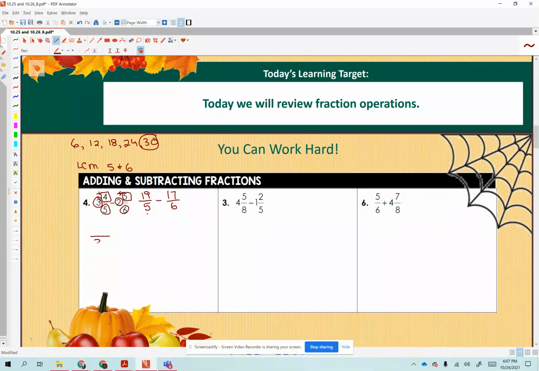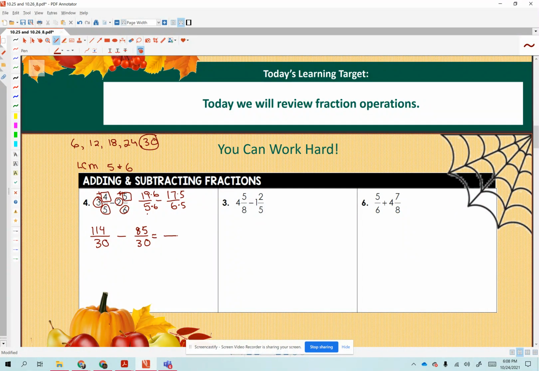We're going to have a denominator of 30 in each one of these fractions. I know that 5 times 6 is 30, and 19 times 6 is 114. And I know that 6 times 5 is 30, and 17 times 5 is 85.